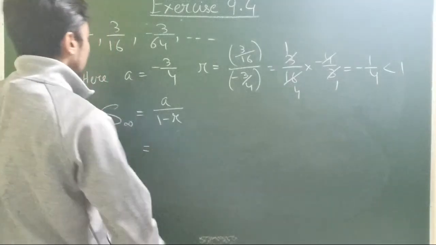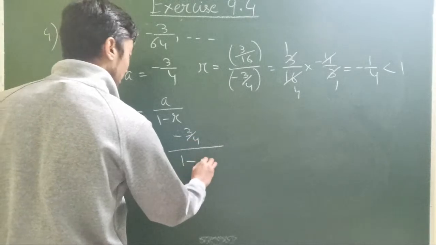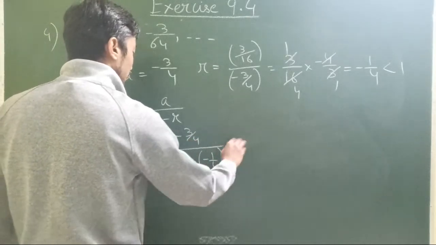So, sum to infinite terms, that is minus 3 by 4 divided by 1 minus R value, again is minus 1 by 4. Let's solve this.